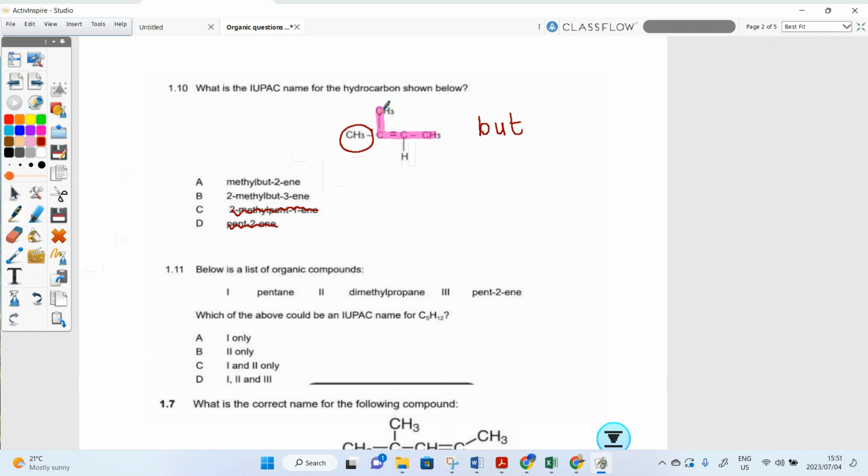The methyl group is on the second carbon and the double bond comes after the second carbon. So it should be 2 methyl, then but-. Oh, what am I doing? No dash. 2 methylbut-2-ene. Also, we ignore the hydrogens in the name. We always ignore the hydrogens.